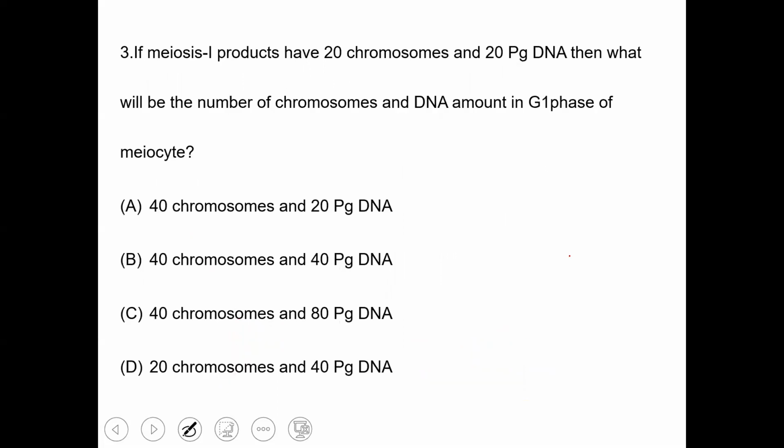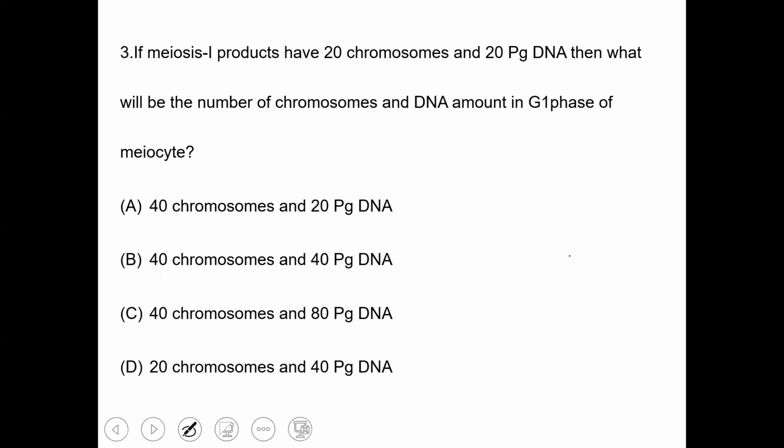Next question. If meiosis 1 products have 20 chromosomes and 20 pg DNA, then what will be the number of chromosomes and DNA amount in G1 phase of a meiocyte? Meiocyte is nothing but the cells which are undergoing the meiosis process.